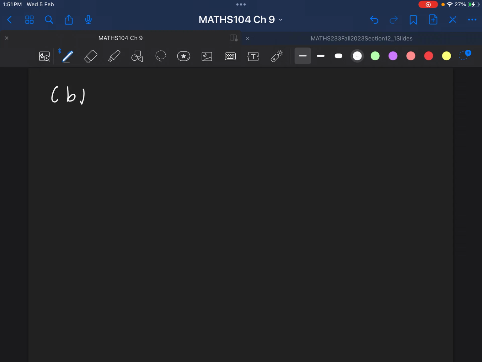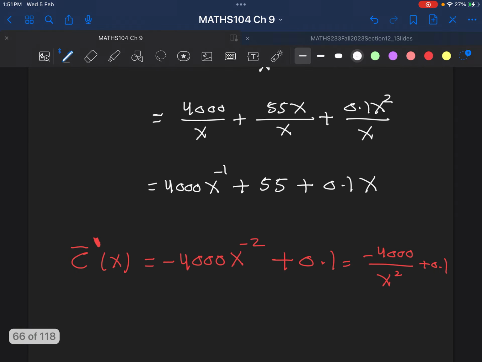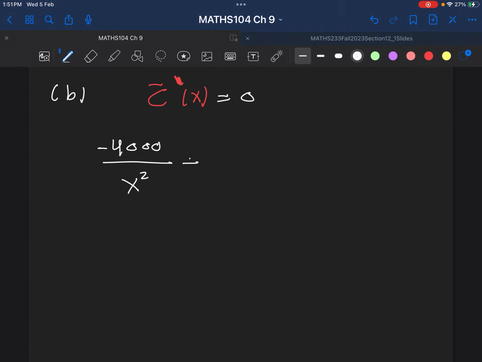So part B. I want the instantaneous rate of change of the average cost to equal 0. This means negative 4,000 divided by x squared plus 0.1 equals 0.